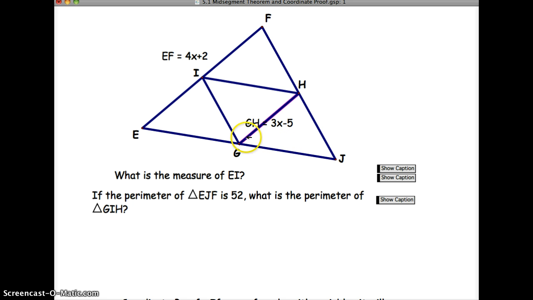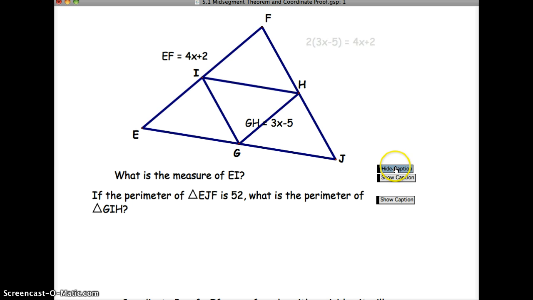Then we can assume that this is the mid-segment of triangle FJE, and that this mid-segment is half of this third side. So it's related by the fact that two GHs will equal one EF, or 2 times GH equals EF.